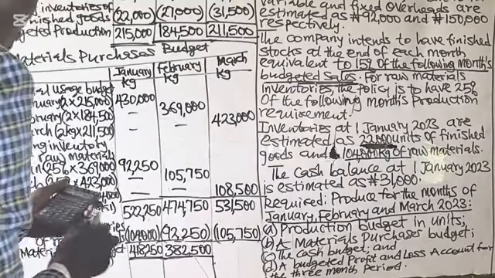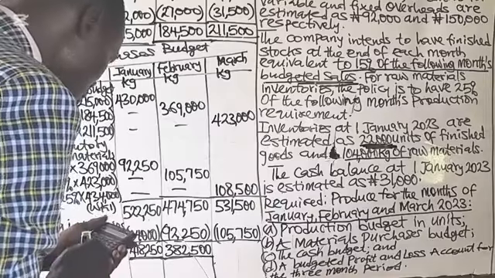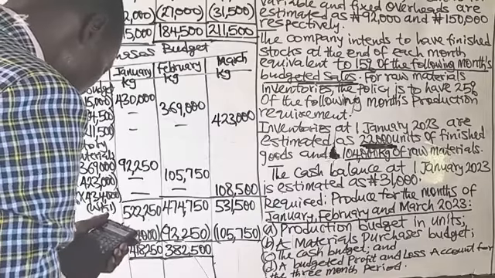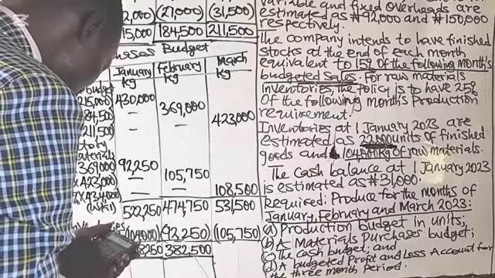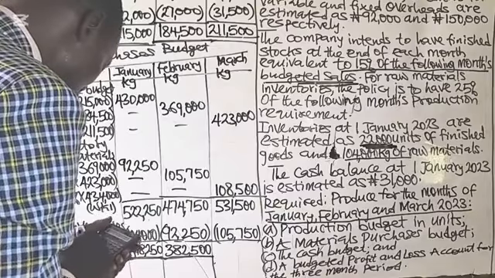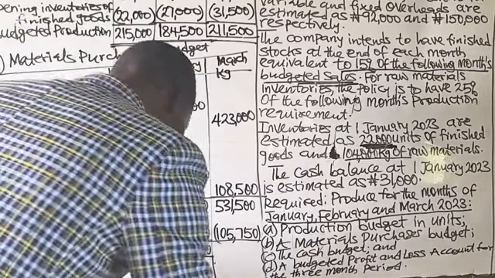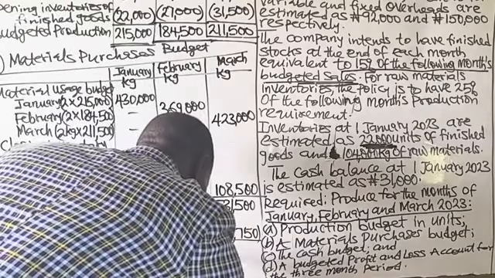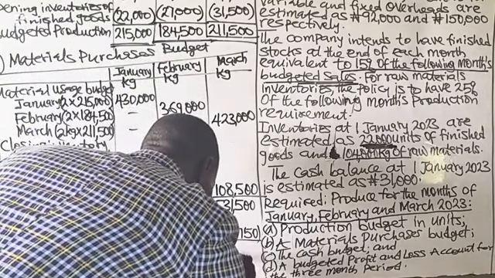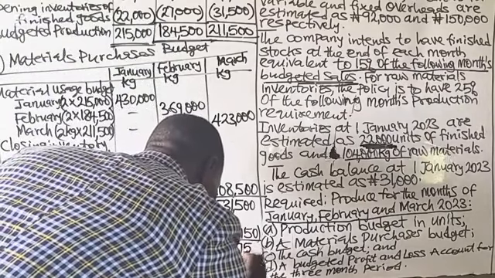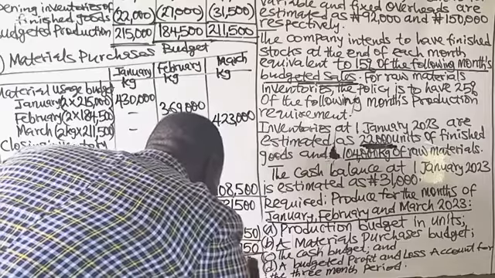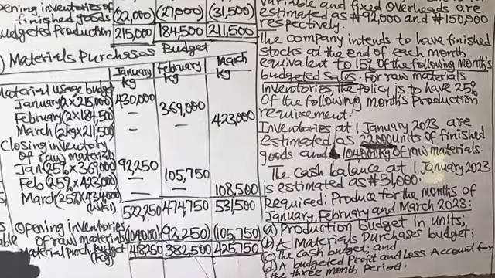Then in March, we have 531,500 minus 105,750, so we have 425,750. That is the material purchase budget in kg.